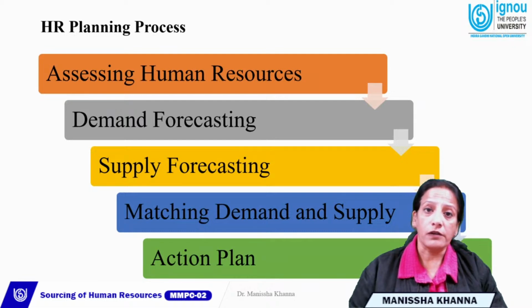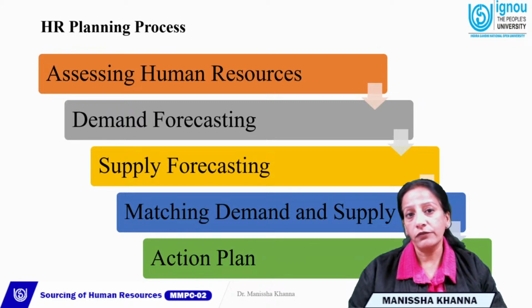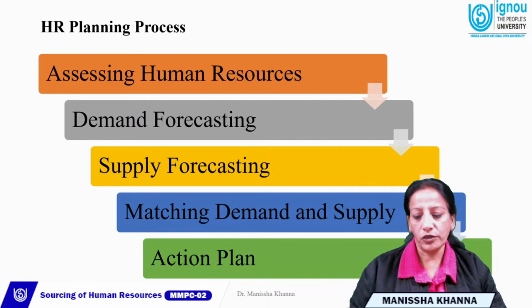That comes to demand forecasting, and demand forecasting further refers to supply forecasting, that is, how much workforce we can supply or we can get. Then we match the demand and supply of the workforce, and finally the action plan takes place in terms of recruitment and selection.